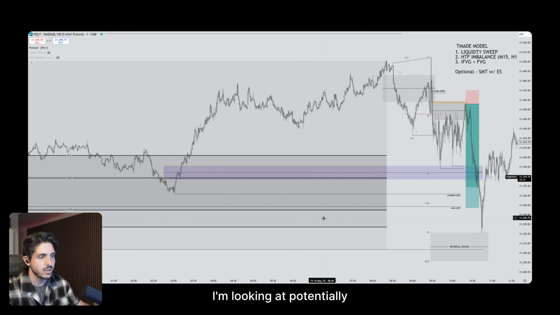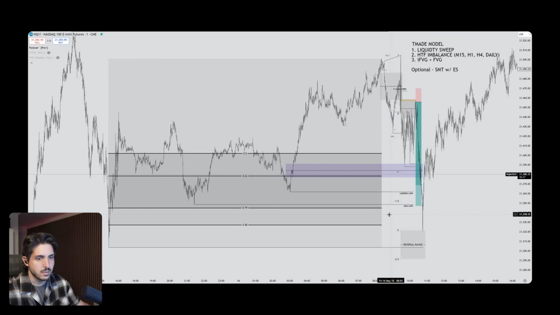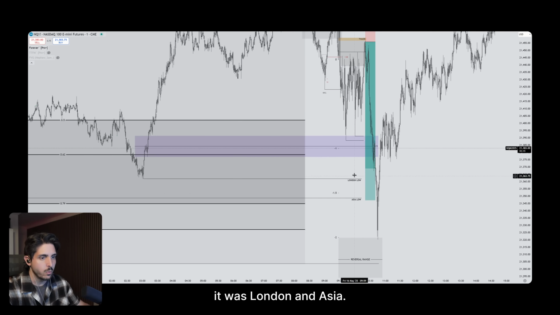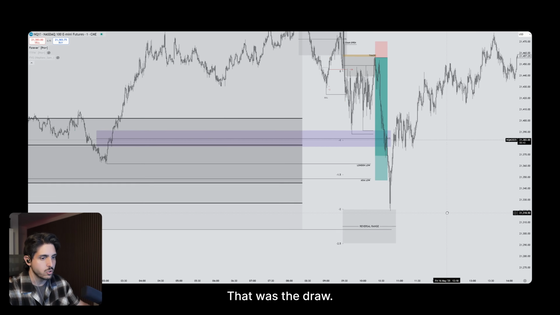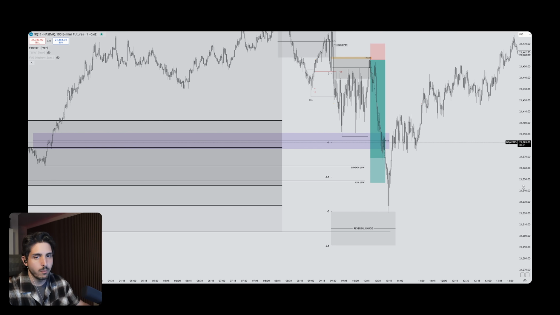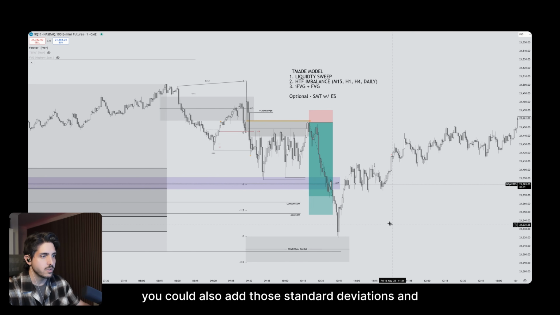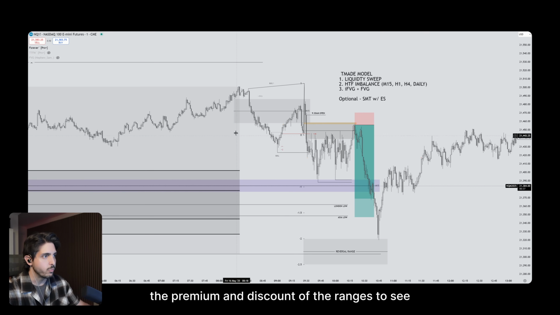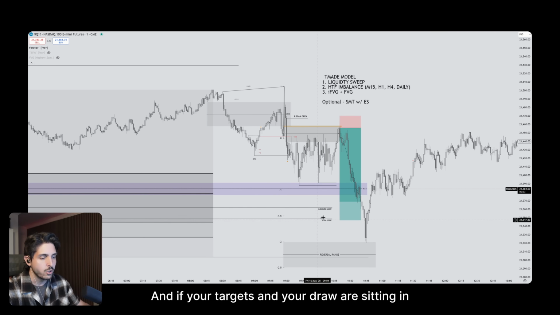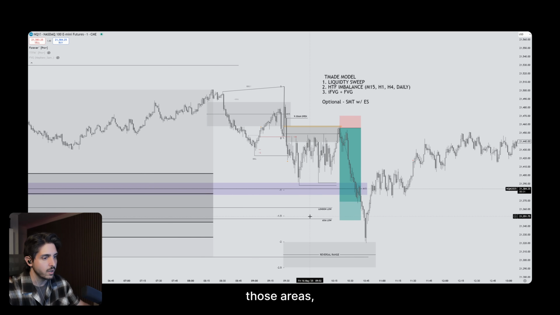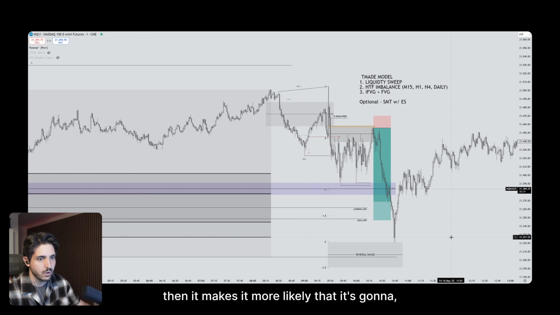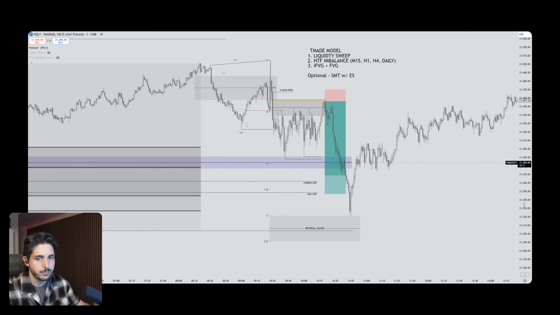I'm looking at potentially what is the draw. For me, it was London and Asia lows. That was the draw, okay? But you could also add those standard deviations and the premium and discount of the ranges to see where price could also reverse. And if your targets and your draw are sitting in those areas, then it makes it more likely that it's all going to play out, right?